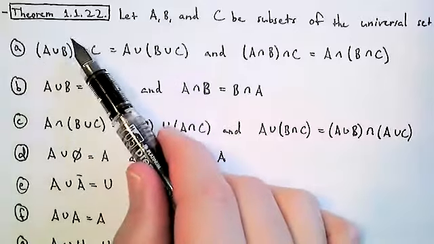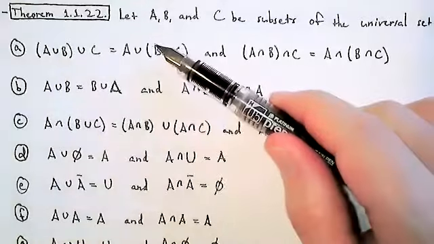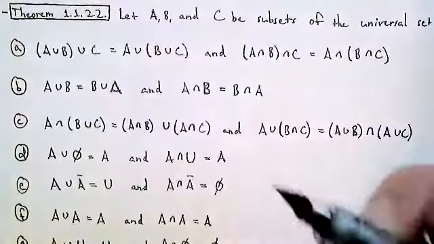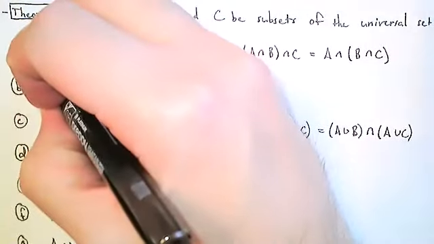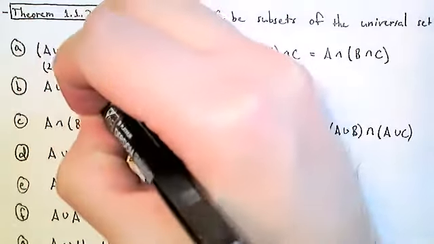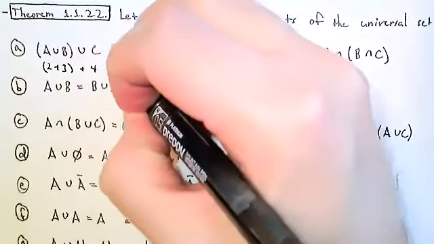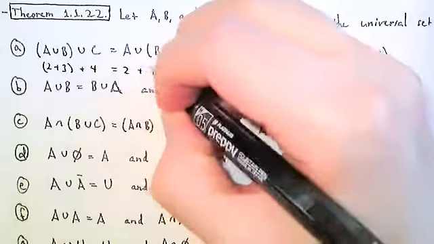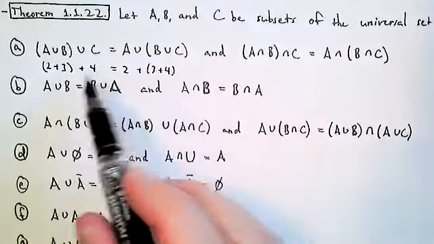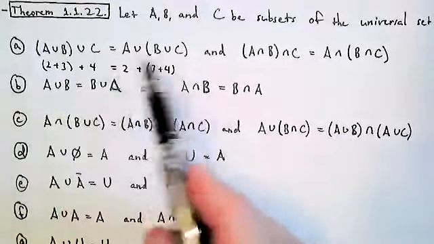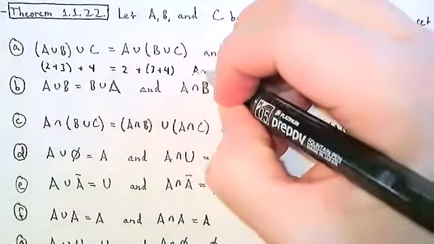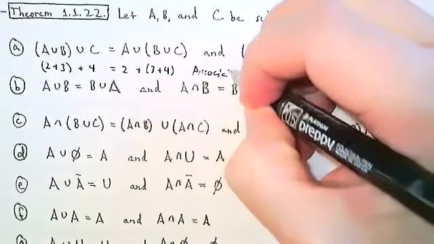So here the parentheses group A and B, and over here they group B and C. So just like in your elementary math, we know that we can add numbers like this, or we could add the 3 and the 4 together first. We can put the parentheses wherever we want them. This is exactly the same thing, but for sets. Okay, and this is called the associative property. You've probably heard this word before.